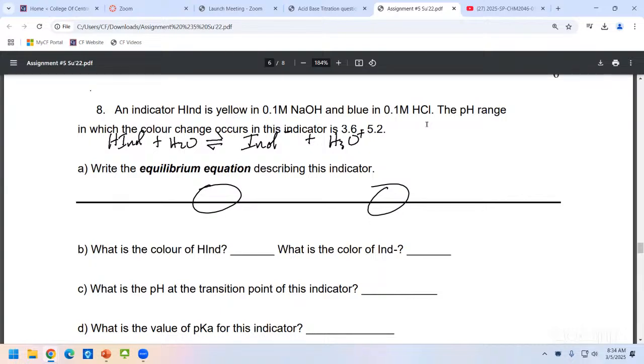Okay, let me ask you this. If you add sodium hydroxide to this indicator, based on the equation, which direction will the equilibrium shift?